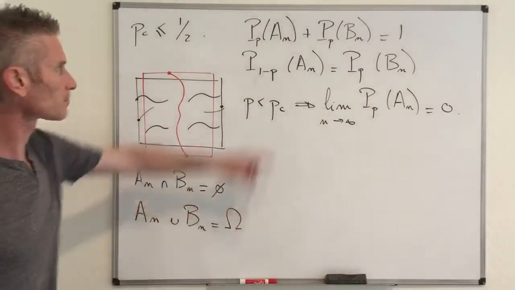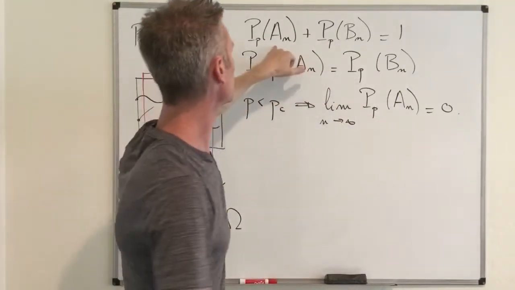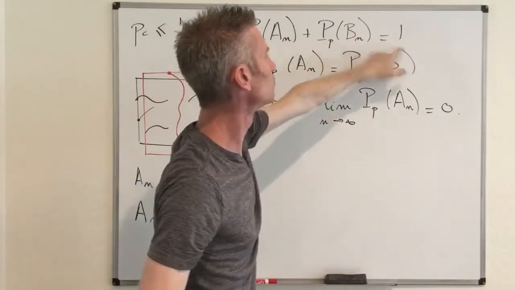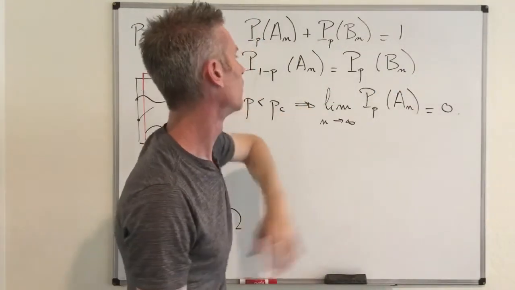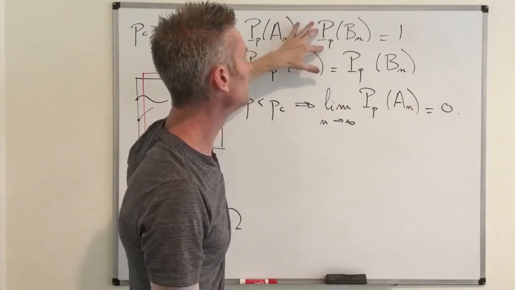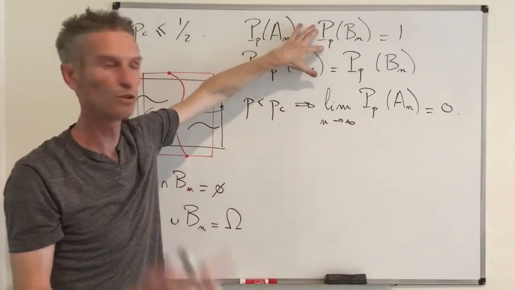So then, going back here, we know that because the sum of the two here is equal to 1, that means also that this limit implies that the limit of p sub p of bn should be equal to 1.